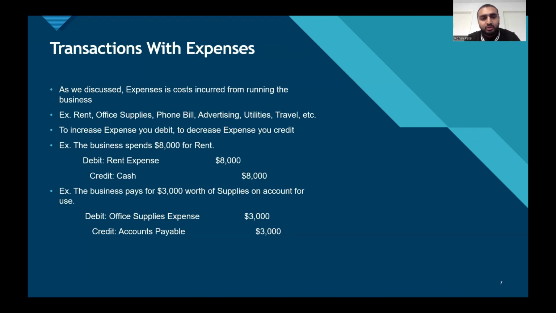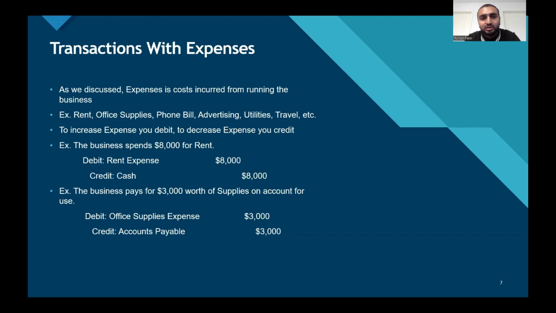So the first example is that the business spends $8,000 for rent expense. No matter what business, I guess, or really just brick and mortar businesses, if you are running a business, you need a location to run the business. And with the location usually comes a rent expense. So we are debiting rent expense here for $8,000.